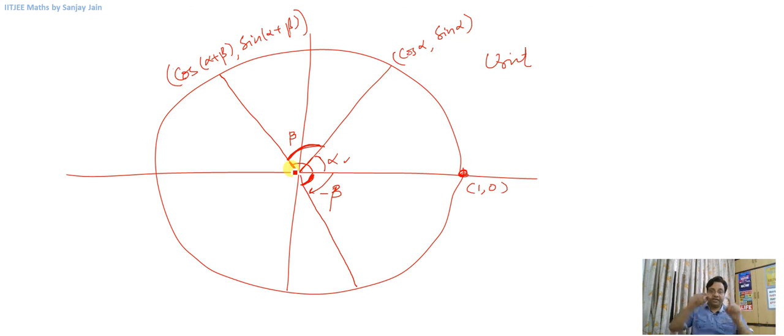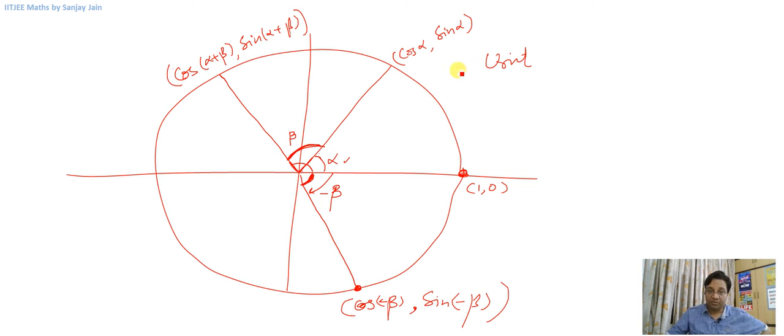So beta and minus beta are equal in absolute values. It's just that that is being drawn in the clockwise sense and this is in the anti-clockwise sense. That is why this sign minus beta is here, right? So the coordinates of this point are going to be cos of minus beta and sine of minus beta, right?